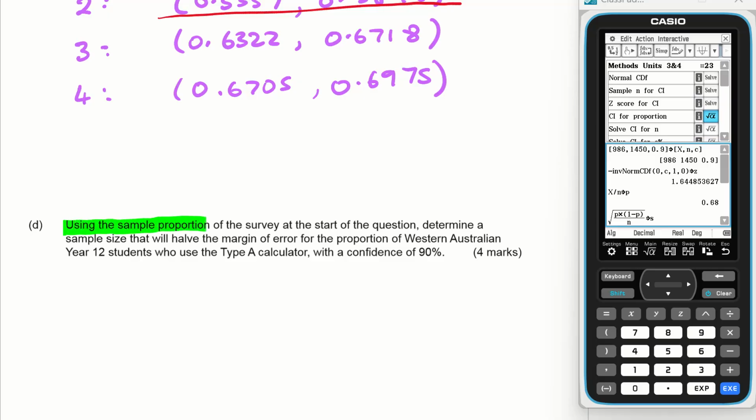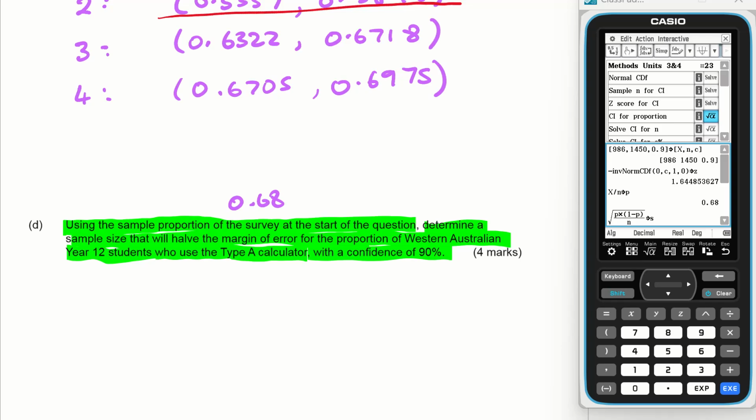Using the sample proportion of the survey at the start of the question, which remember was 0.68, determine a sample size that will halve the margin of error for the proportion of Western Australian Year 12 students who use the Type A calculator with a confidence of 90%.